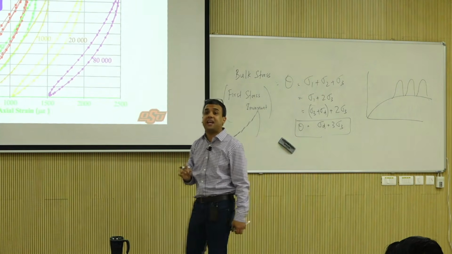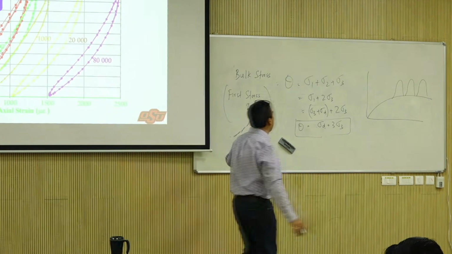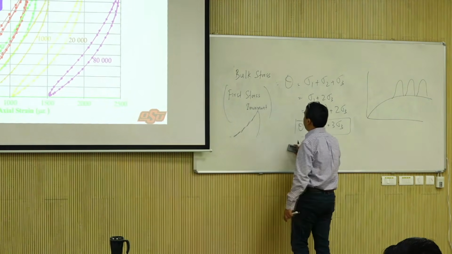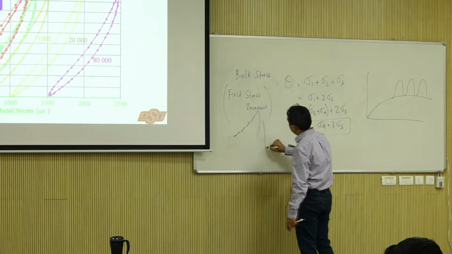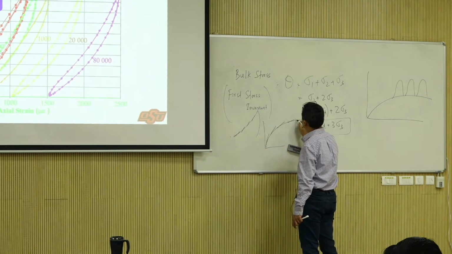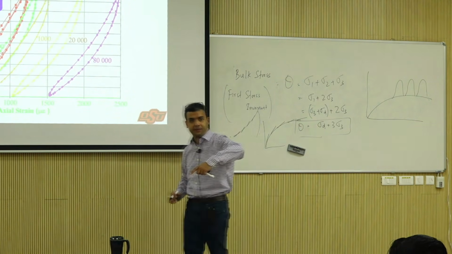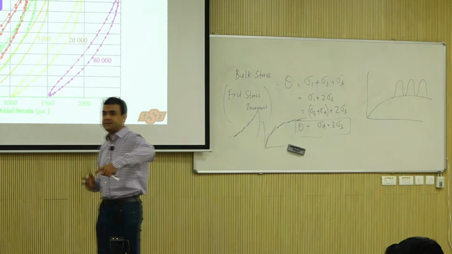If you had a stress softening material, which is what I drew because that's the most common one when you are explaining the concept, you have the curve going this way. So if you draw a tangent here, here, here, it's rotating downwards. Does that make sense?